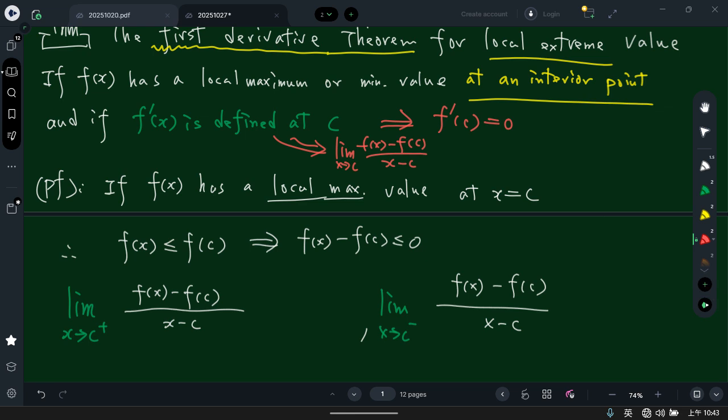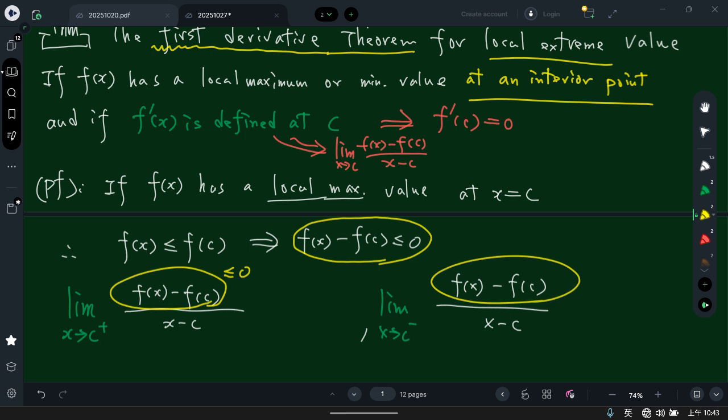OK, let's just continue. In this case, f of x minus f of c is less than or equal to 0. So that means here should be less than or equal to 0, same here. But how about this one? Is x minus c positive or negative?